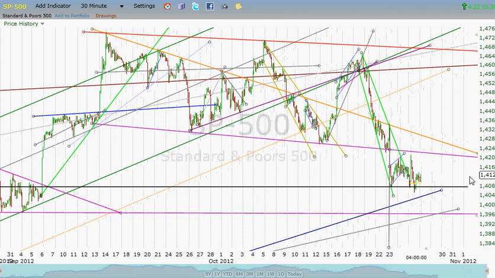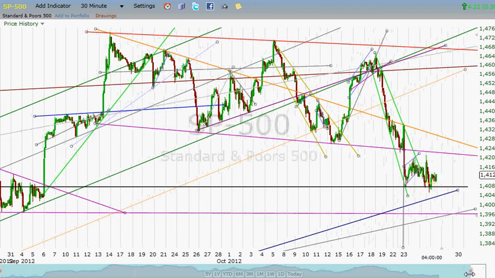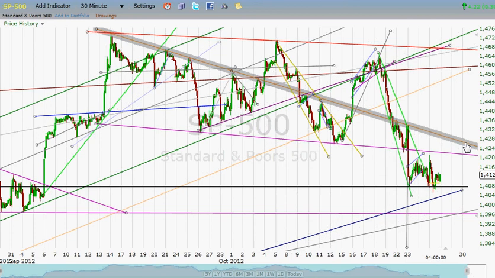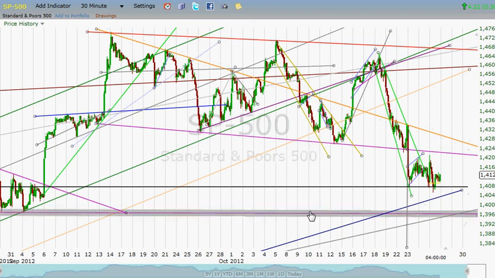If you allow me to use an old country expression, the S&P either needs to poop or get off the pot, because it's either going to break up over this line and then rally back up, or it's going to break down through this here and then probably go down to at least 1382. And at that point, it could be even lower, because we will have taken out multiple levels of support.